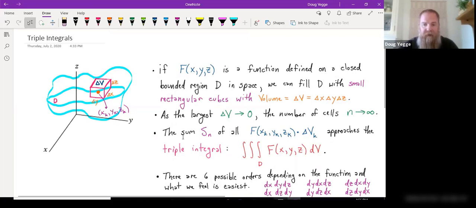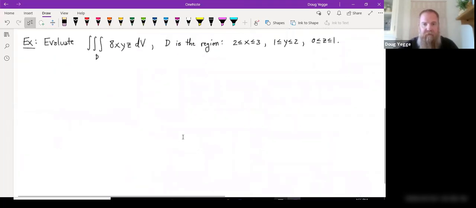So let's take a look at an example of how we can actually calculate a triple integral. It asks me to evaluate this triple integral over a region D of this multivariable function. So we should see that this is a 3-variable function, which means we have to integrate with respect to x and y and z. But we have an option. We could do it in any order we choose, just like Fubini's theorem, assuming that all of these quantities are numeric.